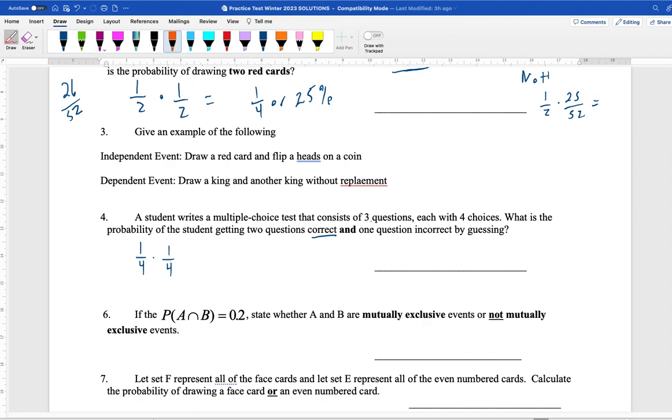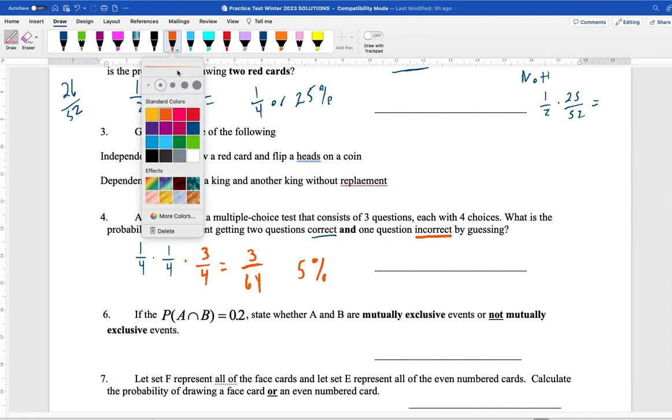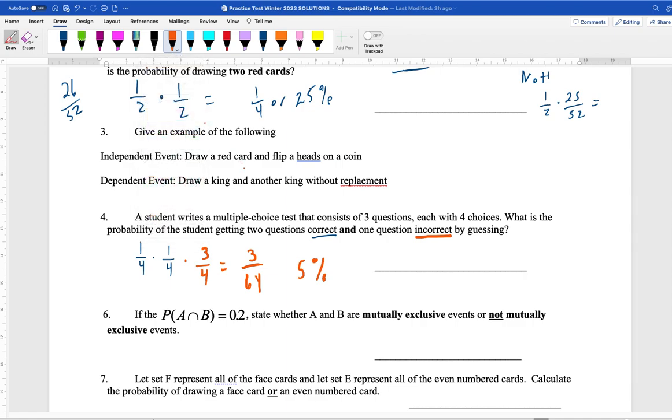Then an incorrect answer, there's a 3 out of 4 chance that happens. So that's 3 out of 64. And 3 divided by 64 equals approximately a 5% chance of that occurring. Okay.